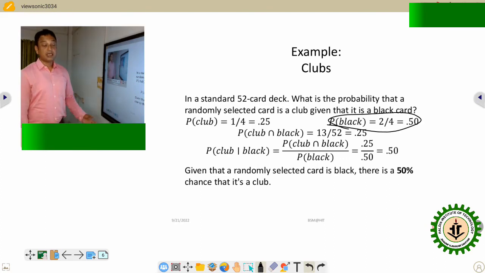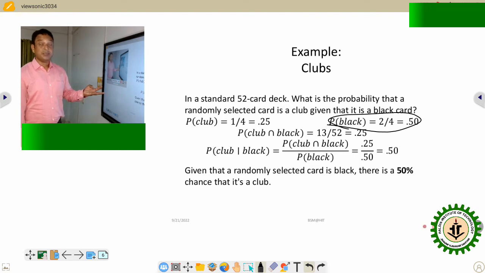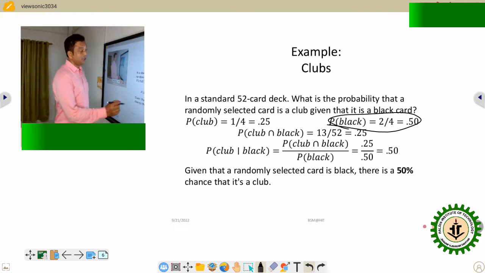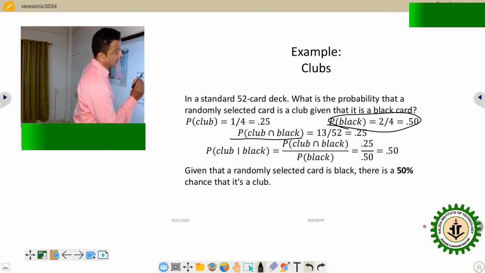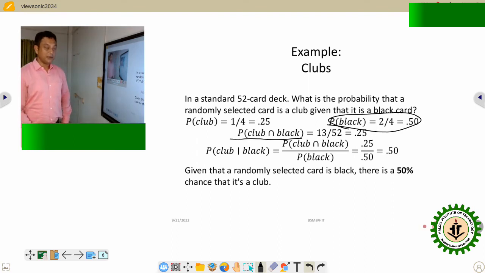Now the club probability is 1/4, because there are 4 suits, which are diamonds, hearts, spades and clubs. If it is a club and black, it has to be a club, and clubs are always black.